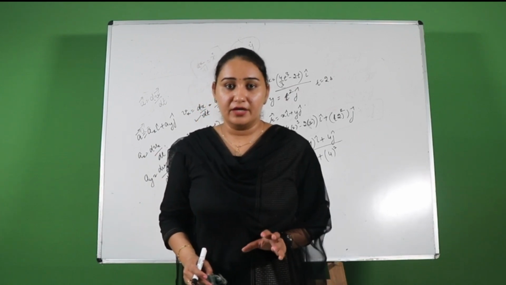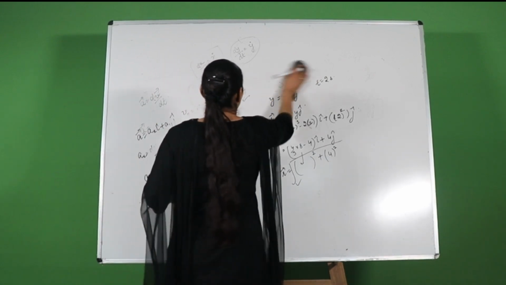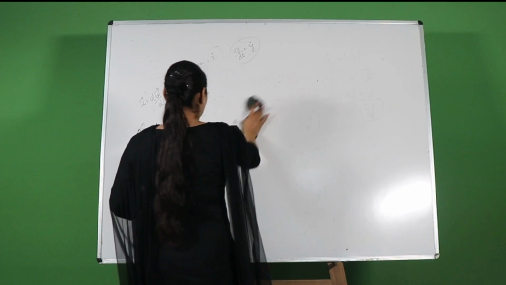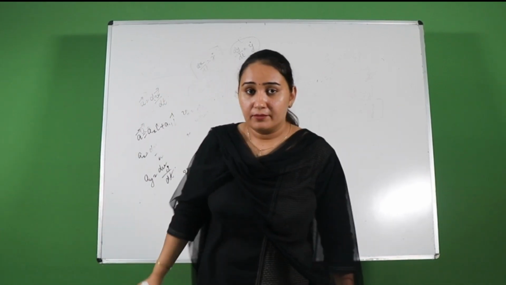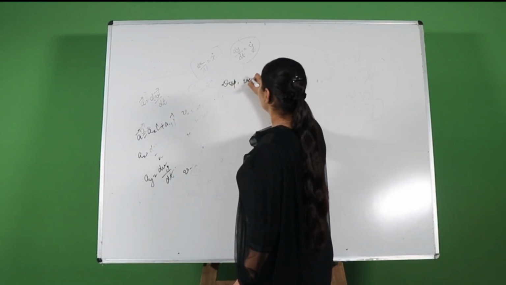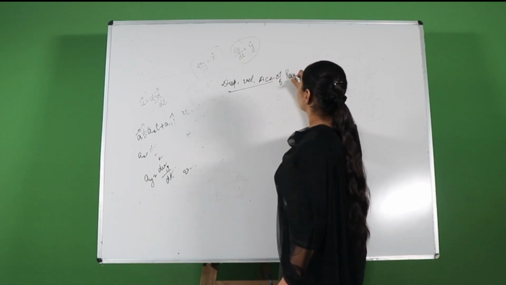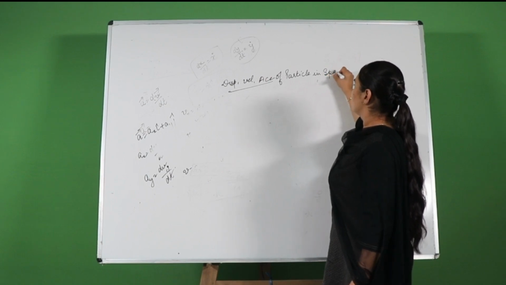Now one assignment for you. We have discussed the motion of a particle, like displacement, acceleration and velocity in a plane. Now your assignment is, you have to do displacement, velocity, acceleration of a particle in space.